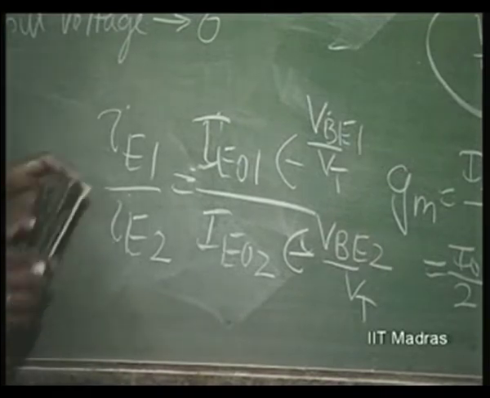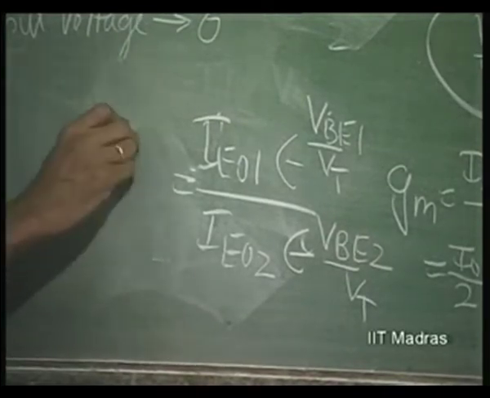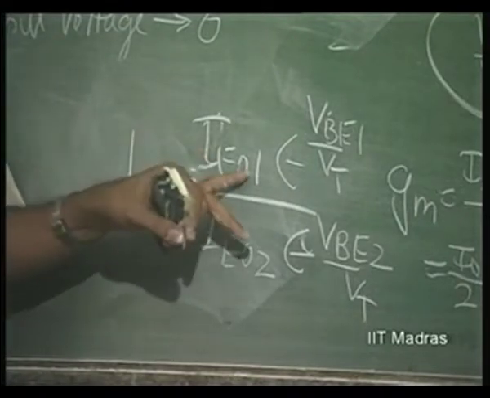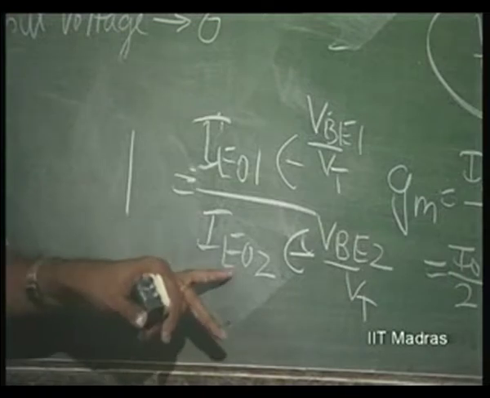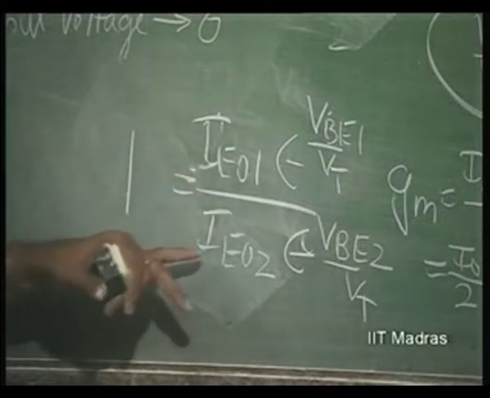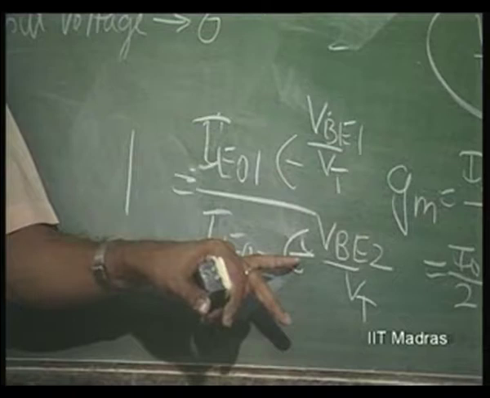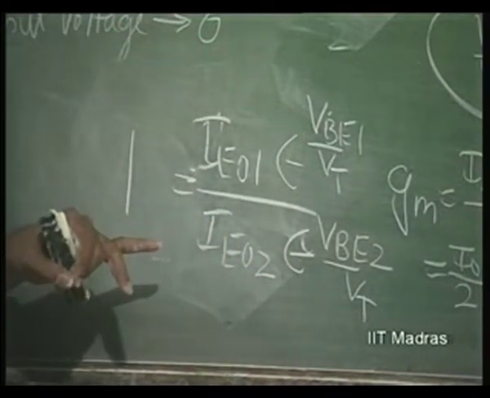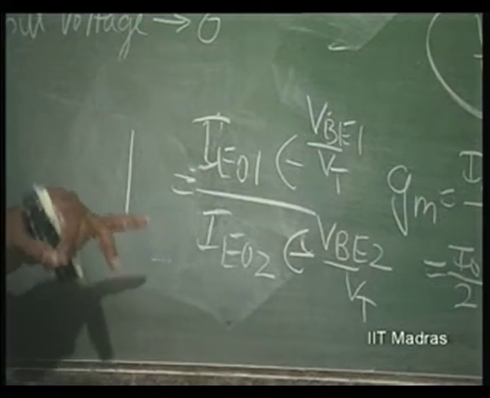So if IE01 is equal to IE02, then we get exponent VID by VT equal to 1, or VID equal to 0. Okay? That is the input offset.